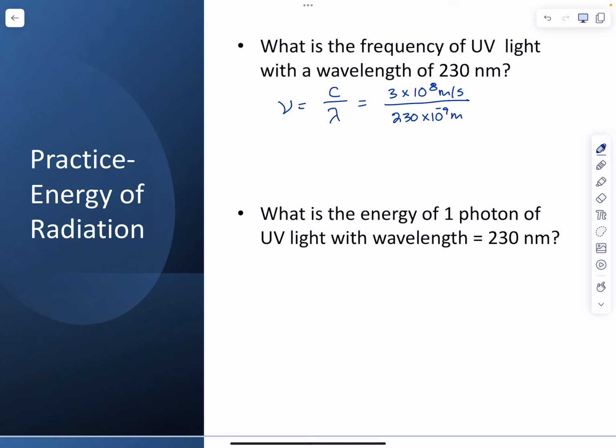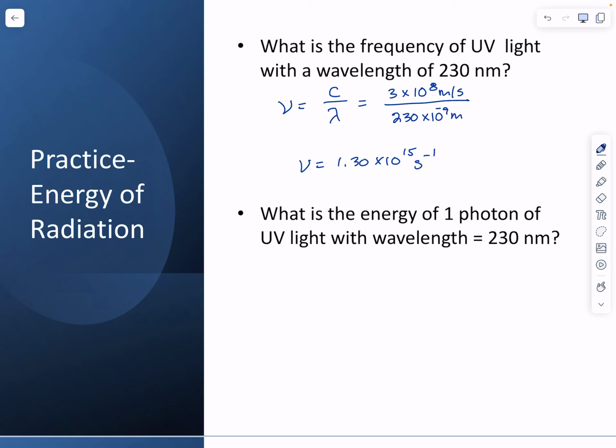That comes out to be 1.3 times 10 to the 15, and the unit of that is hertz or inverse seconds.